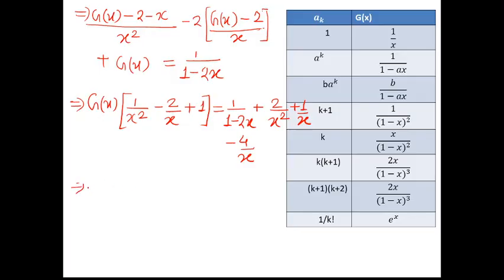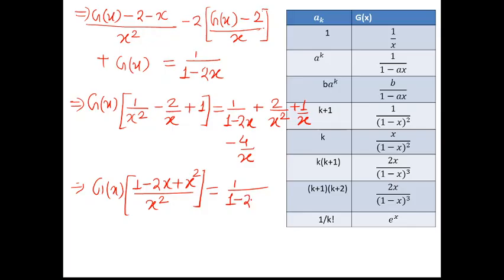Now this implies, just take the LCM and try to simplify this. So this will become, LCM is x square. So it is 1 minus 2x plus x square equal to, what do we have? 1 upon 1 minus 2x, then plus 2 by x square, and then 1 by x minus 4 by x is minus 3 by x. Now let's take this complete term on the right hand side.